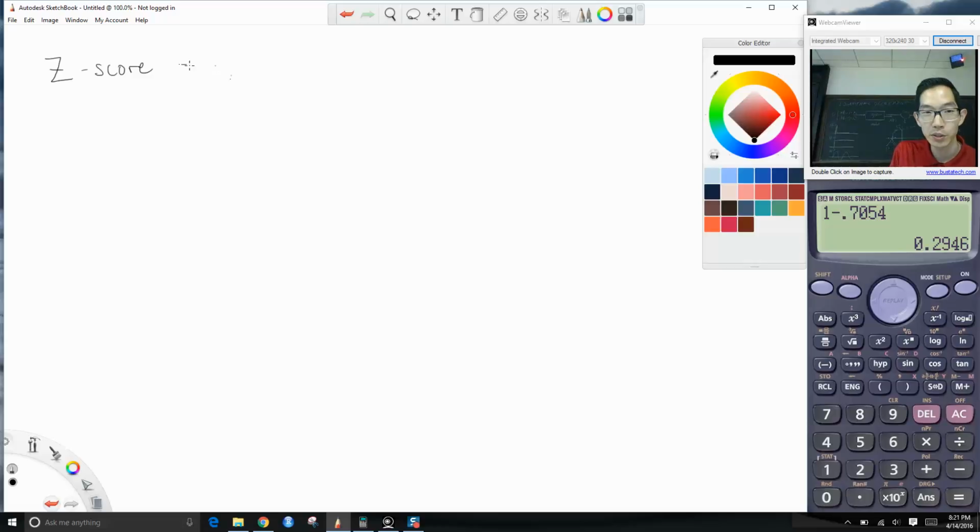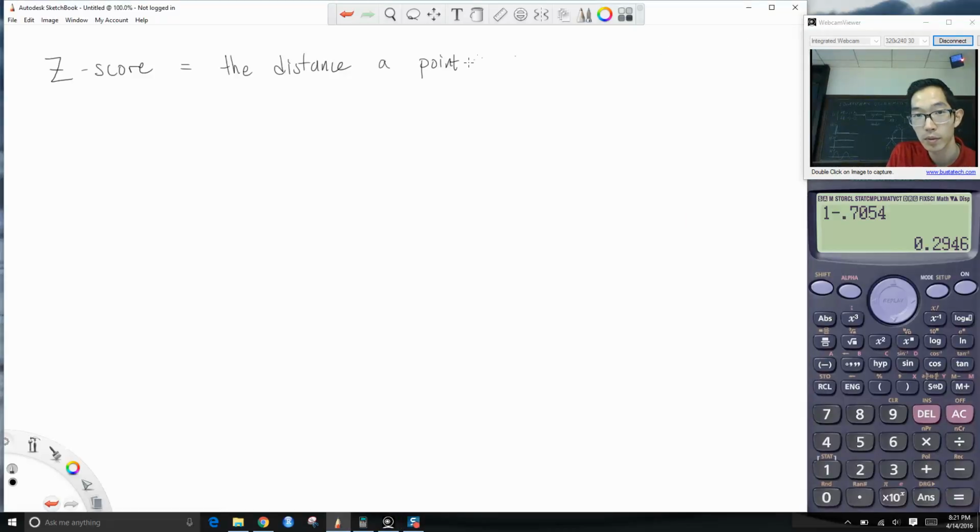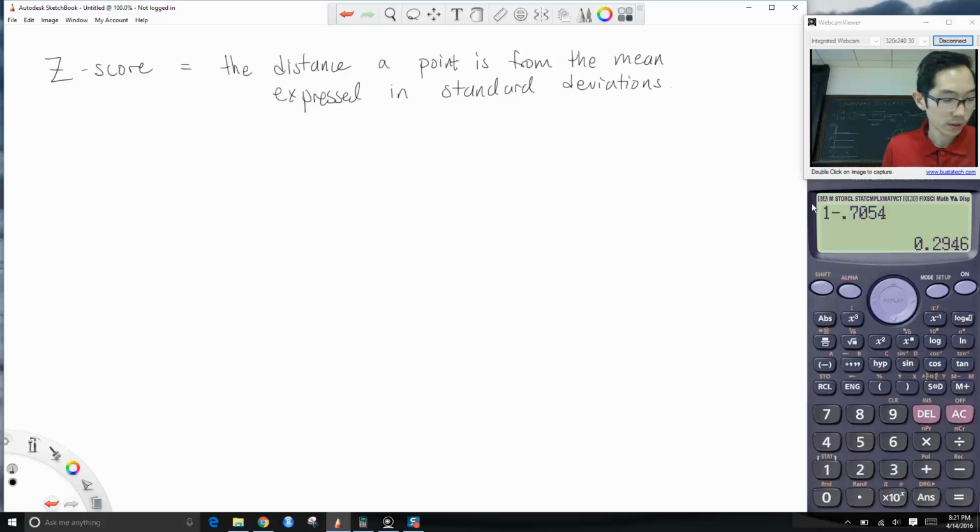A Z-score is basically the distance a point is from the mean expressed in standard deviations.